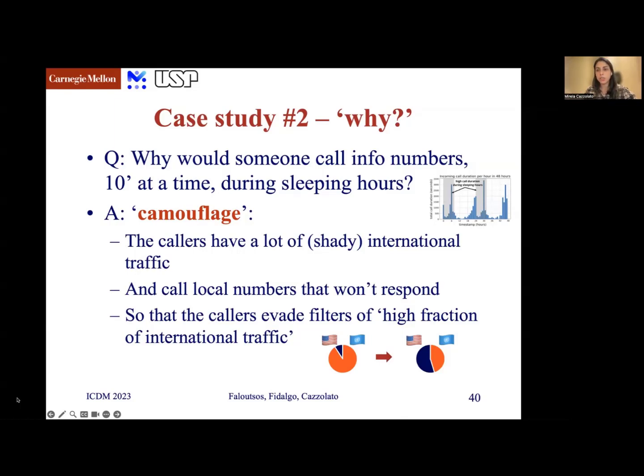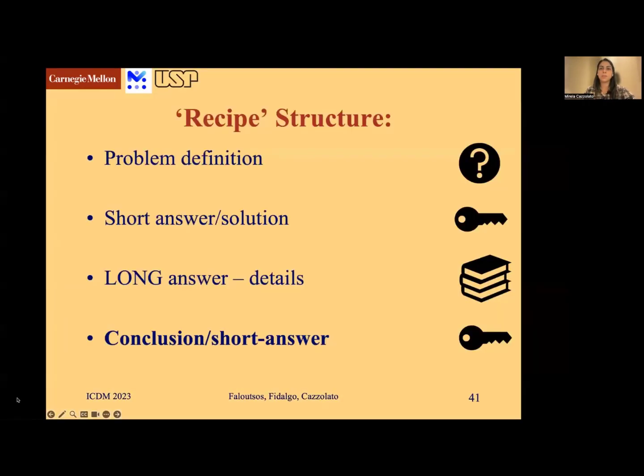And to camouflage this behavior, they call these automatic numbers that have automatic messages and give them some duration to camouflage themselves in the behavior of the network. So this behavior helps them evade filters that aim to detect these activities in the network. So these are 2 real cases that we are able to detect with our tools.